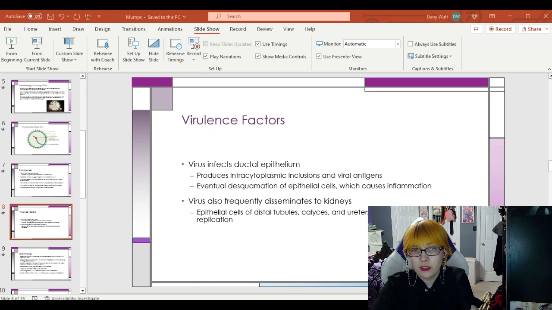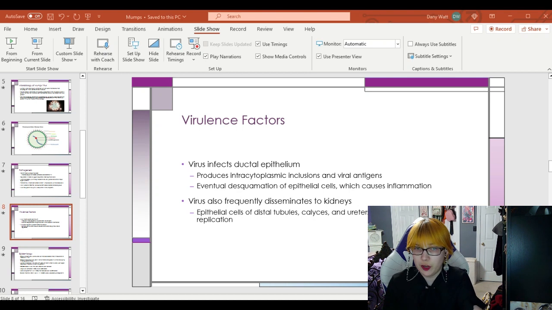So the virulence factors, it infects your ductal epithelium initially and produces intracytoplasmic inclusions and viral antigens. And then it eventually desquamatizes those epithelial cells. It destroys those cells, which causes the immune reaction of inflammation, which is where the swelling comes from.